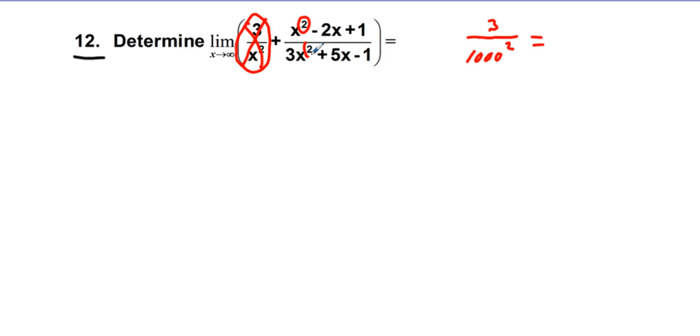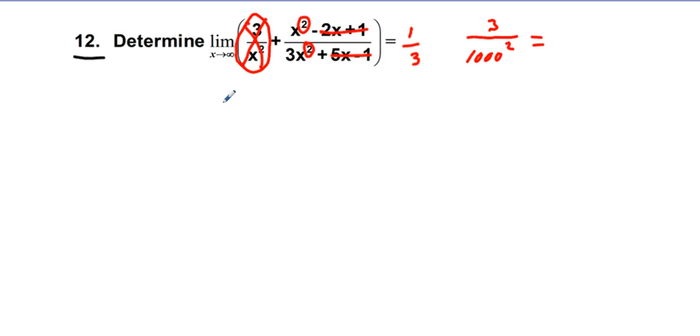We have x squared in the numerator and 3x squared in the denominator, and in comparison, the minus 2x plus 1 in the numerator and the 5x minus 1 in the denominator are inconsequential. So what we're left with are the coefficients of these two x squareds, which will be 1/3, and that is going to be our answer.